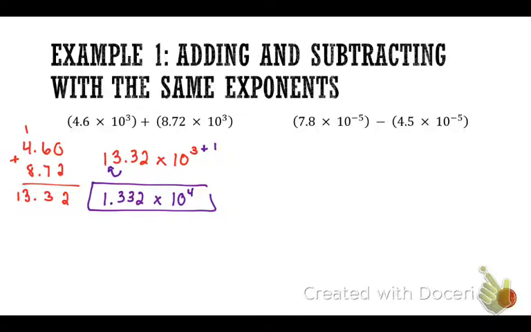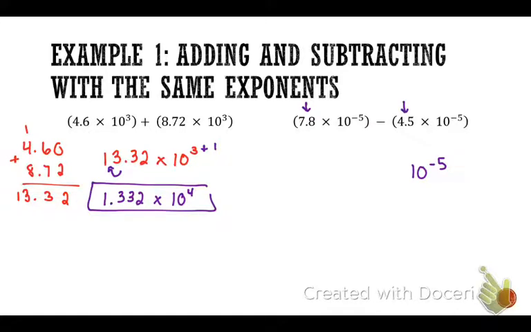My rules for subtraction are still the same in that I bring down my common power. So I have 10 to the negative fifth power. I'm just going to bring down my common exponent, my common power of 10. Now I must subtract, and be careful, because you have to put the larger absolute value on top. In this case, it is the first number.